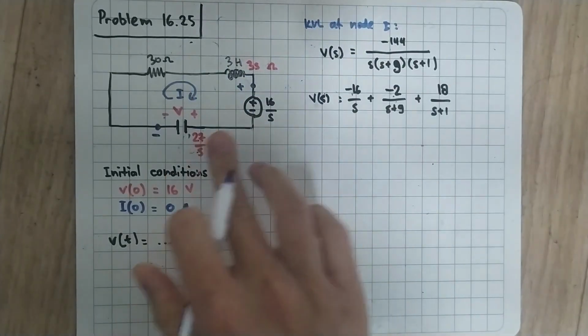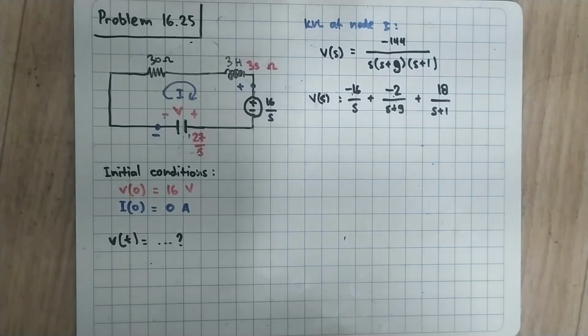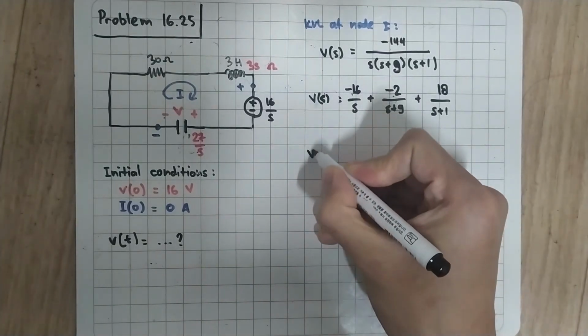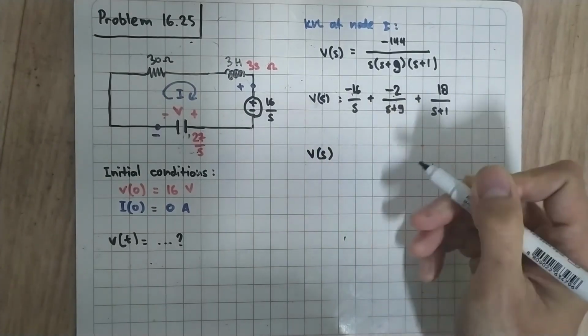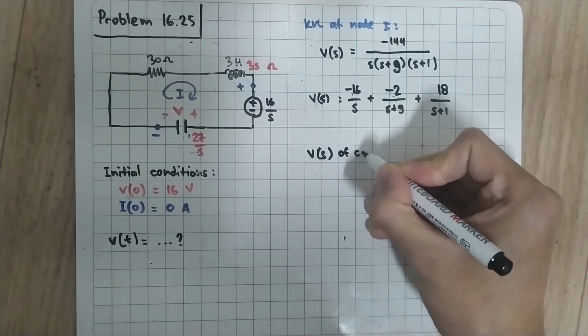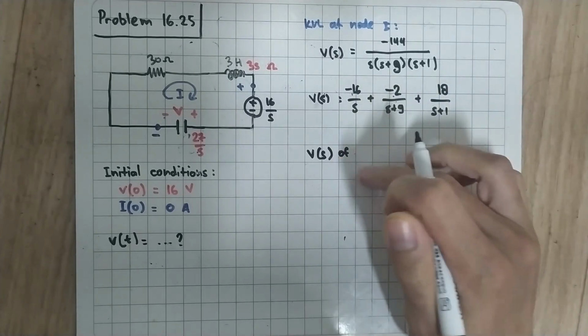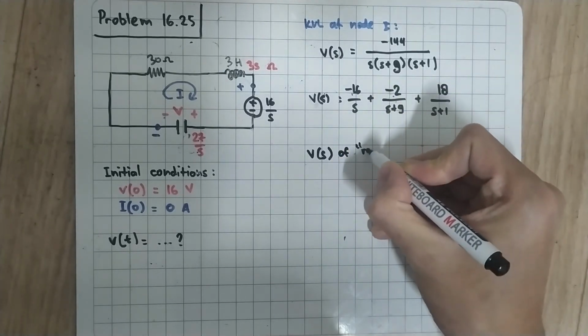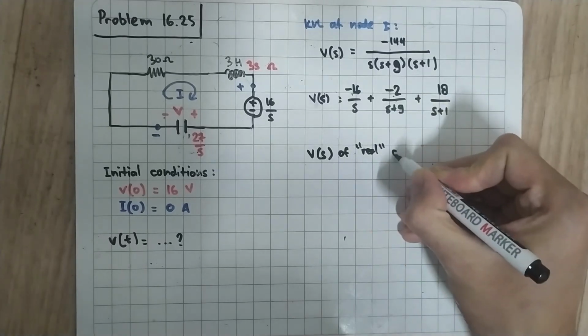So I will need to add 16 over s of it. So I will have Vs of the real capacitor.